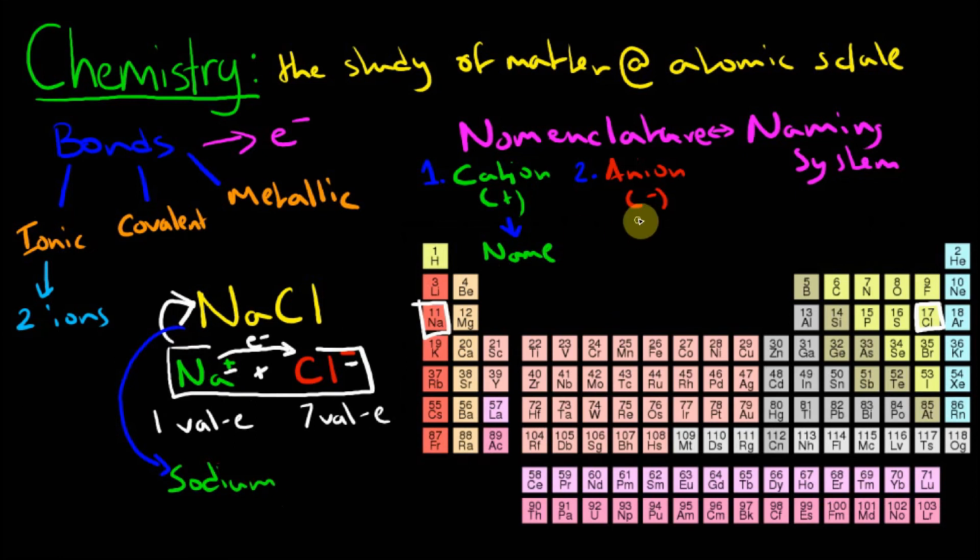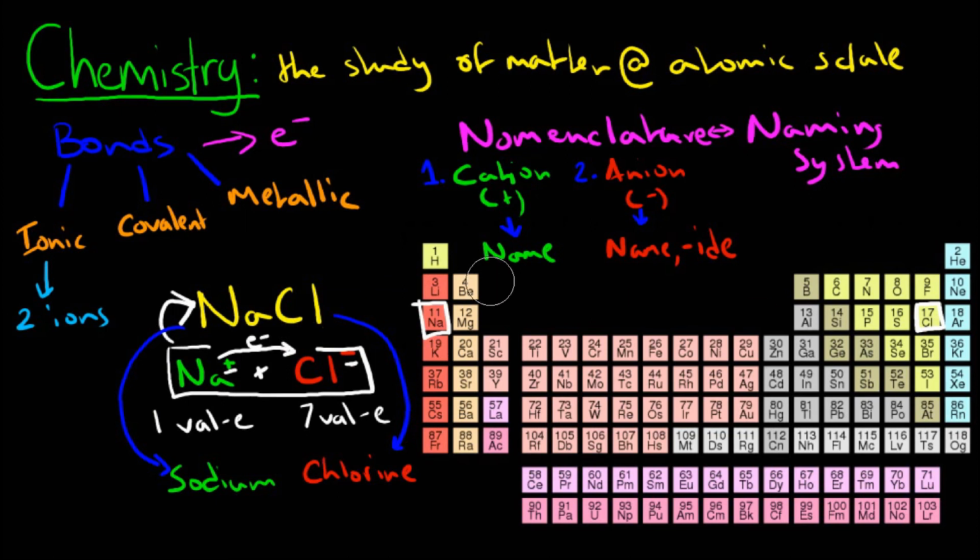As for the anion, it's a little different. You take the name like before, but you make one modification. You change it to an IDE ending. So with NaCl, the anion is chlorine, Cl, so we write out chlorine, except we've got to have an IDE ending.